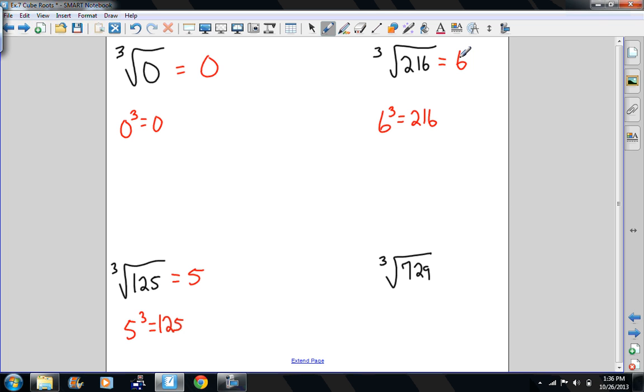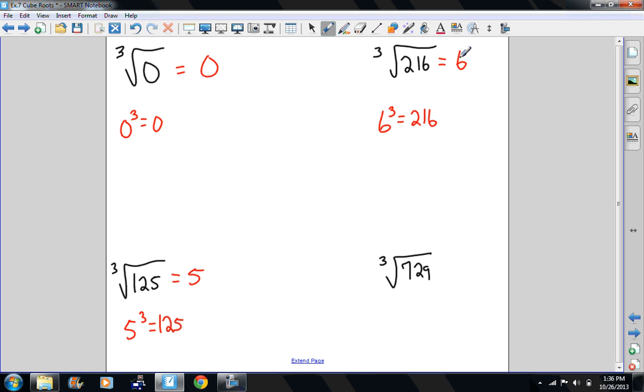Now, 729, this gets a little bit trickier. Now, you could look to your cubed root list. That would be fine. I'm going to try to work this one out by hand and think through it logically. Well, I know that 10 cubed is 1,000, so it's got to be less than that.